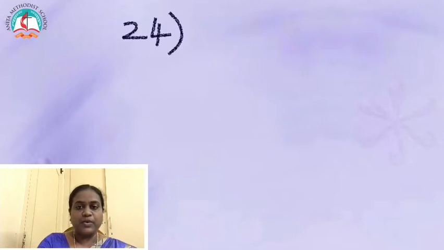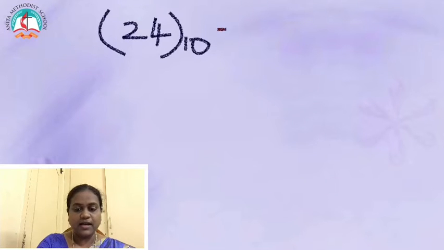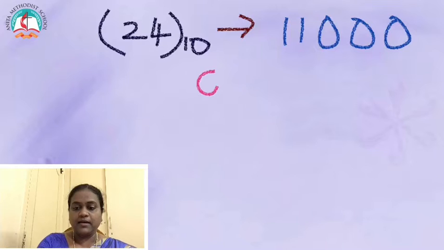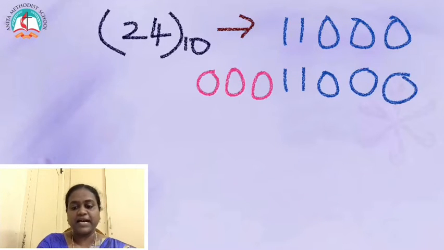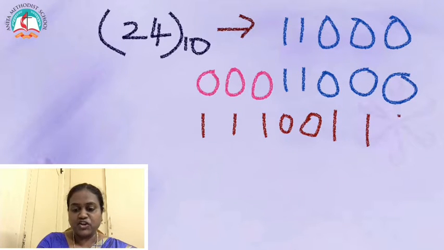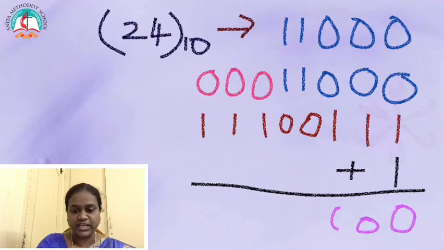Let's look into an example. 24 is a decimal number. I am converting it into binary and I am checking whether the resultant binary number has 8 bits. It is not 8 bit, so I am adding 3 zeros before the most significant bit.